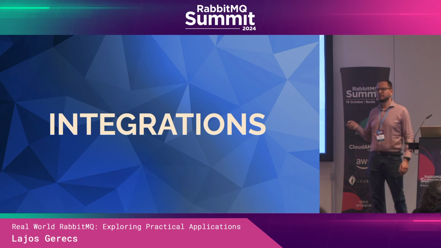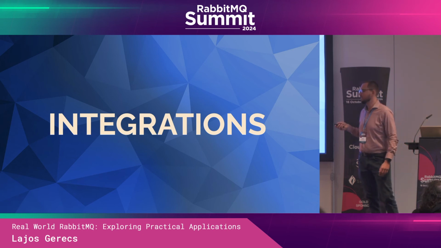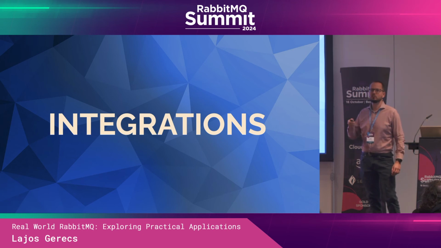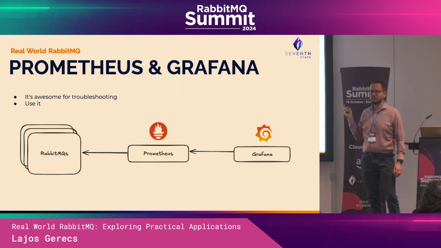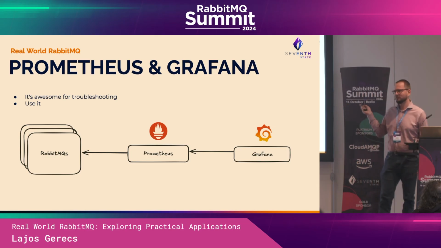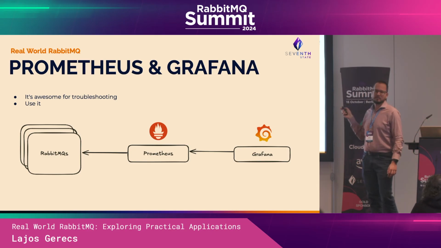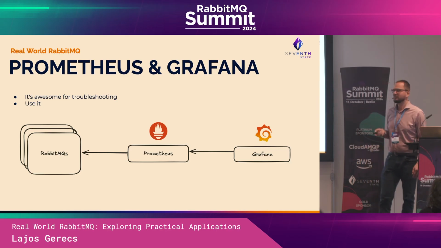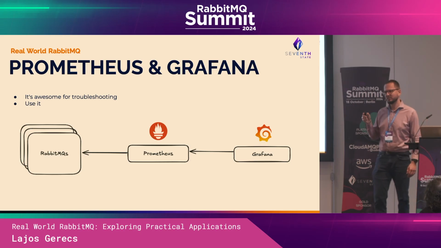It does have some integrations as well with a lot of industry standard tooling. The main one is Prometheus and Grafana. I think there will be a talk about Grafana dashboards later. If you are not using this, please do start using it, because it is very nice. It stores historical metrics, which is not true for the management interface.